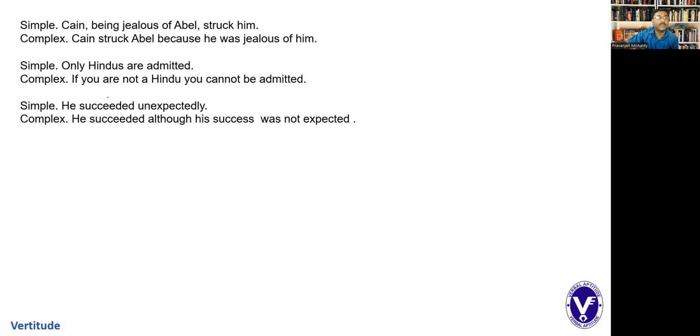Simple: Cain, being jealous of Abel, struck him. Cain struck Abel because he was jealous of him. Only Hindus are admitted. If you are not a Hindu, you cannot be admitted.